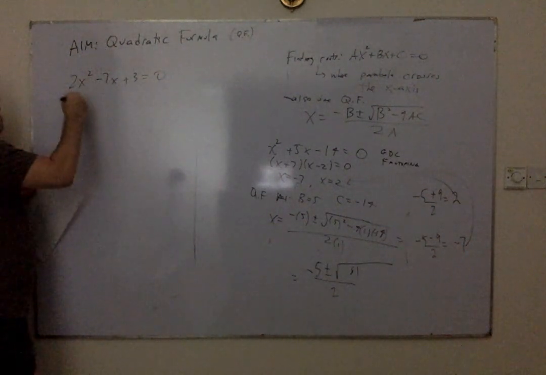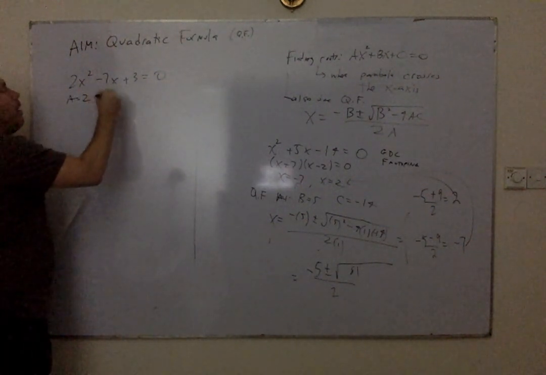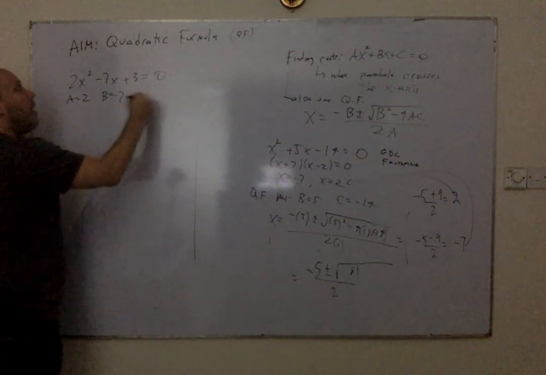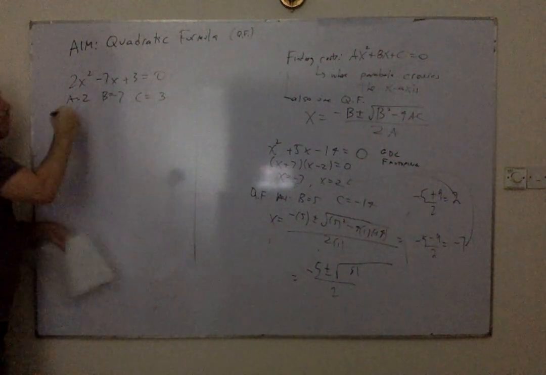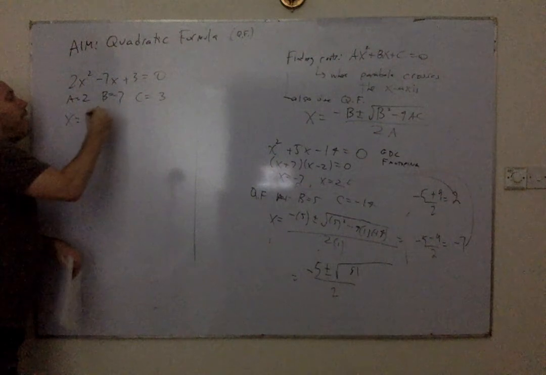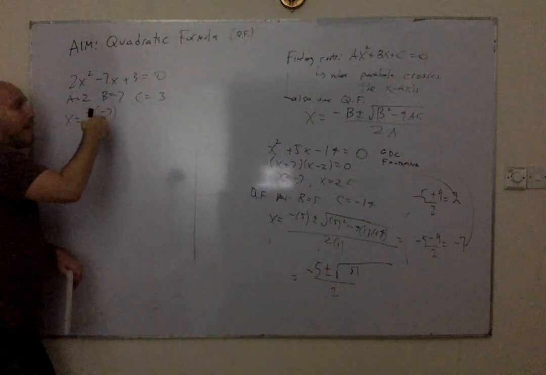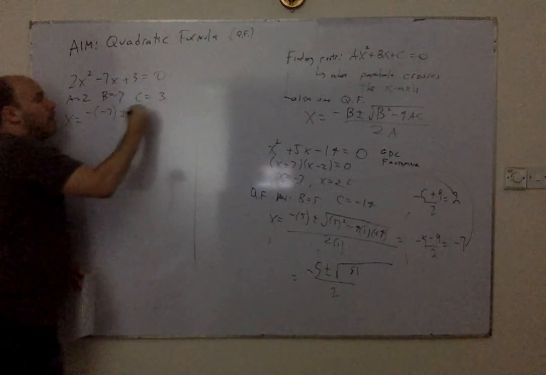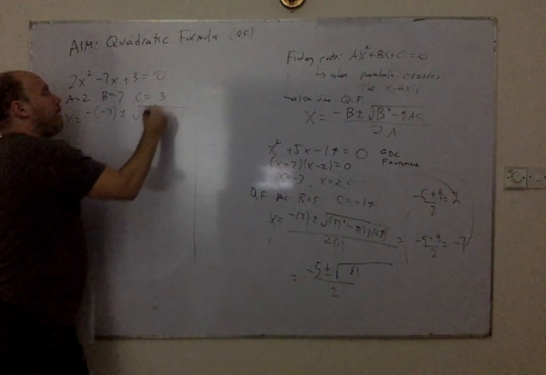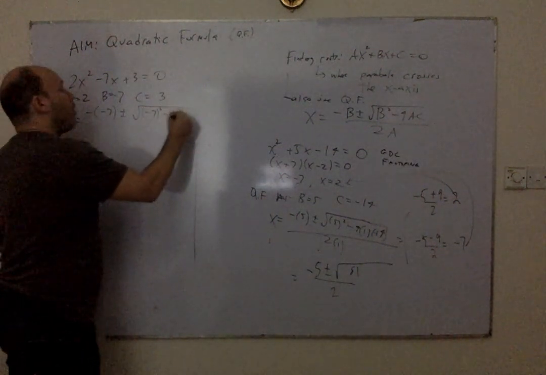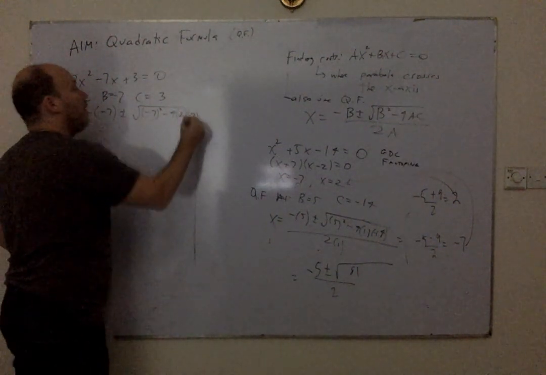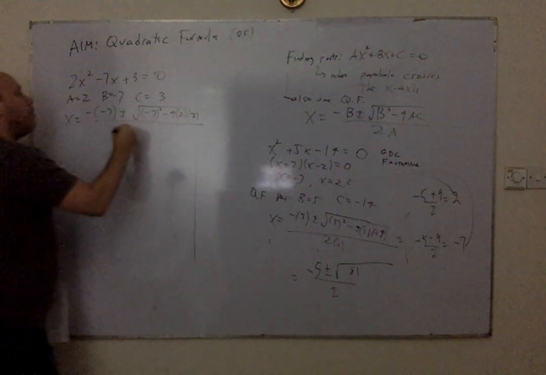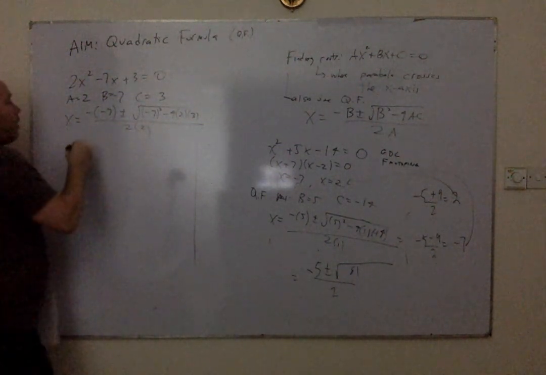So let's see. A is 2, B is negative 7, and C is 3. And so we have x equals negative b, we're going to be negating the 7, plus or minus the square root of b squared minus 4ac all over 2 times 2. And this works out nicely.